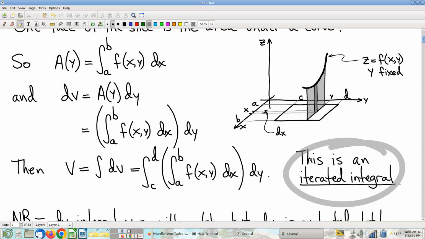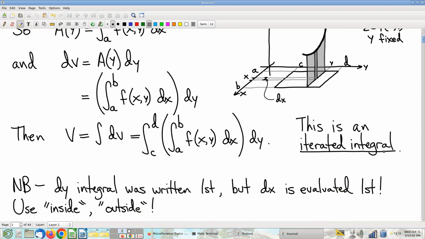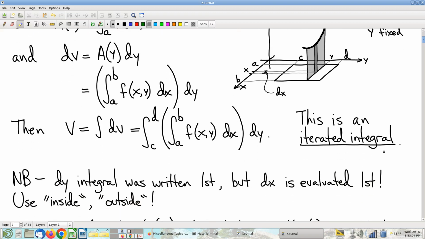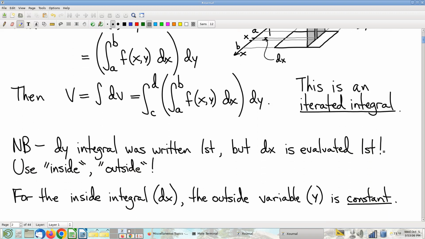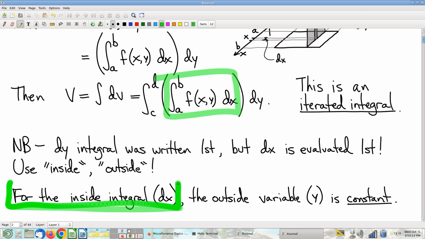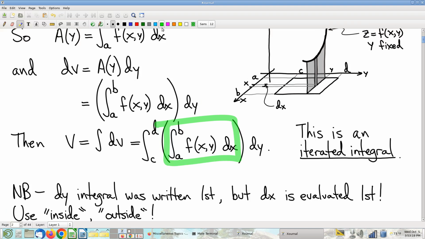Okay, iterated integral. You also have to keep in mind, while you're looking at the inside integral, we've already talked about this a little bit, don't forget the purpose of that inside integral is to compute this area. That's the area for a particular cross-section at a particular fixed value of y. So y is to be treated as fixed.